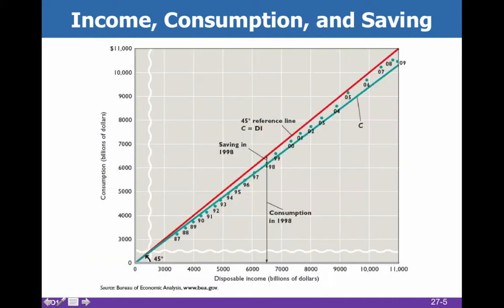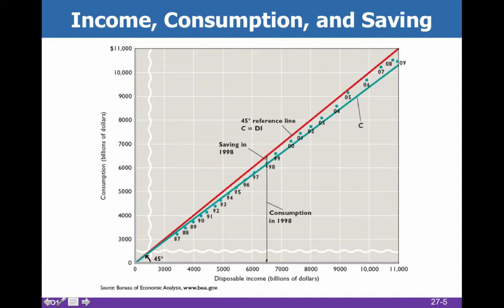spend on credit. So this 45-degree line is the reference line that just kind of shows a situation where you spend every dollar that you earn. So the red line, if you make $6,000, you spend $6,000. If you make $7,000, you spend $7,000.